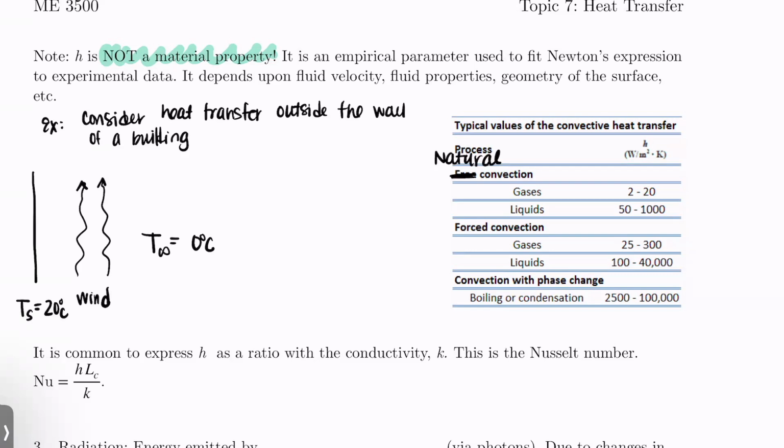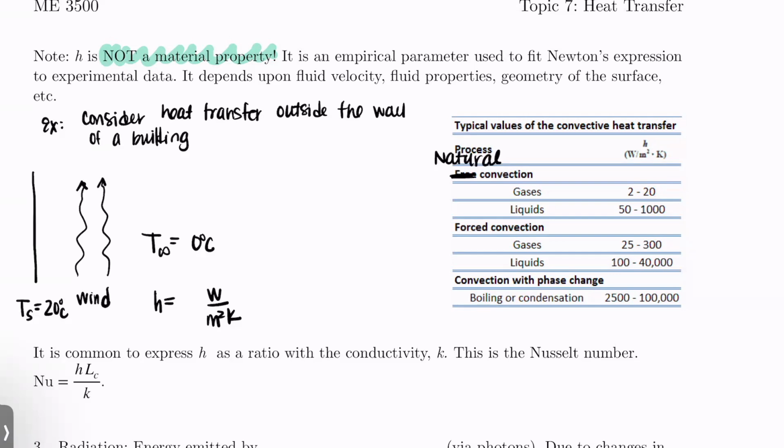All right. And then we're also going to assume that our heat transfer coefficient is 20 watts per meter squared Kelvin. All right, so we're just going to pick the highest value for a gas. Actually, that doesn't make sense. So wind is forced convection, right?